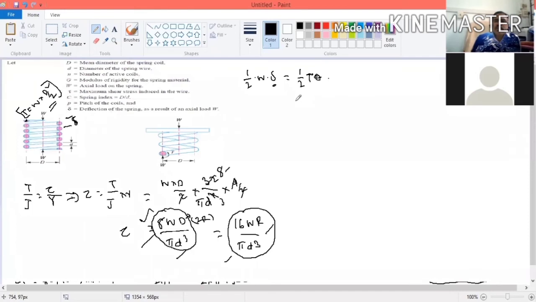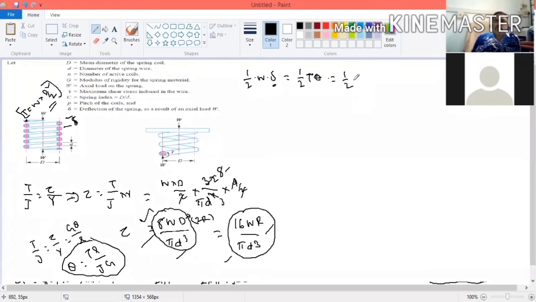We know T by J is equal to tau by R is equal to G theta by L. So here we know how to calculate theta. Theta is equal to T L divided by J into G. This equation we have already discussed.